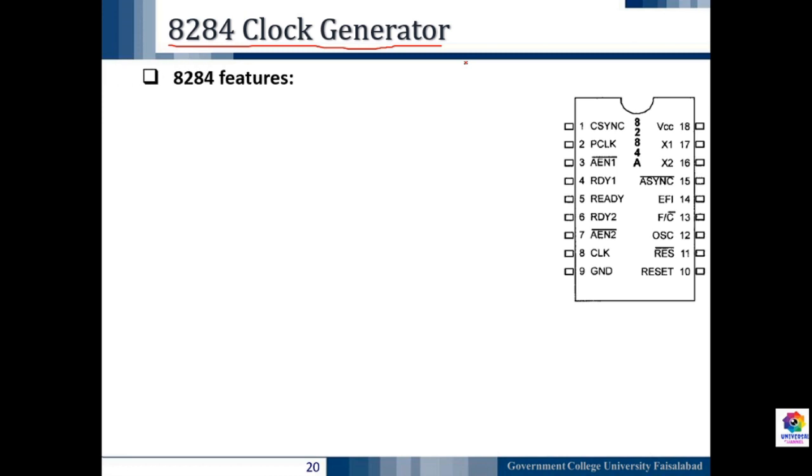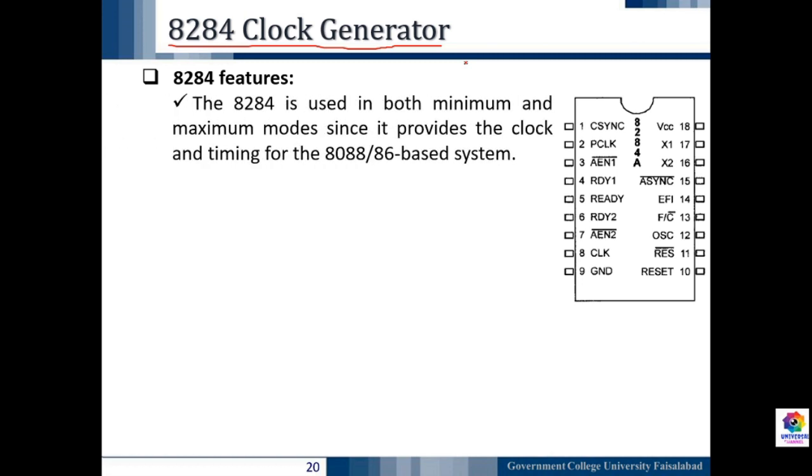Now come to the 8284 features. Firstly, the 8284 is used in both the minimum and the maximum mode of the microprocessor. So previously, as we know, the microprocessor can work in two modes.